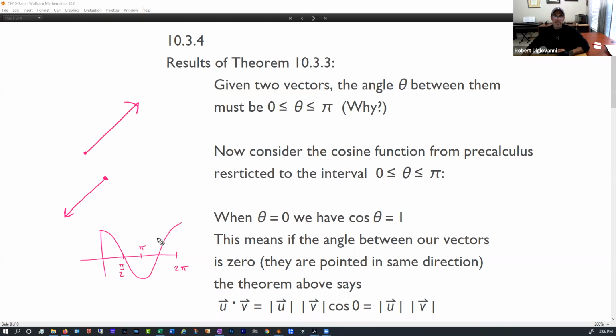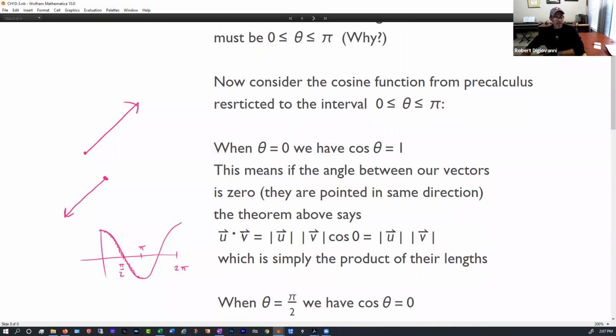That's what cosine looks like between 0 and pi. I'm just asking you to be looking right here. So think about this. If the dot product is equal to the magnitude of u times the magnitude of v times cosine of the angle between them, and the angle between them is 0, that means they're pointed in the same direction, doesn't it?